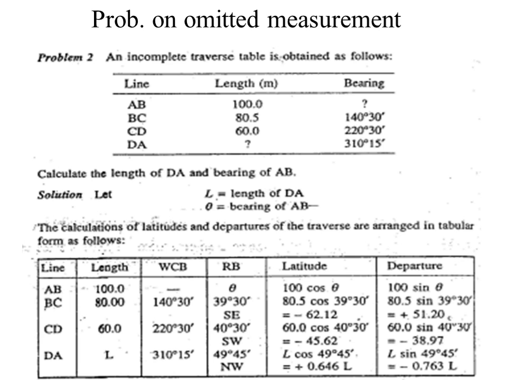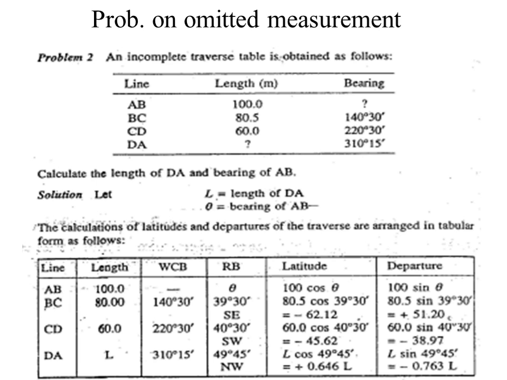In order to calculate the reduced bearing of BC, we have to subtract the given bearing from 180. So 180 minus 140 degrees 30 minutes is 39 degrees 30 minutes. That is southeast quadrant, that particular line is in the second quadrant. So we are going to attach southeast.